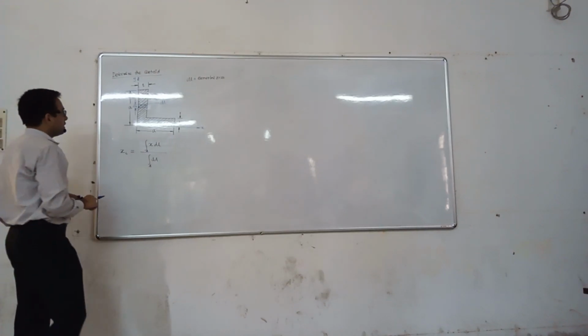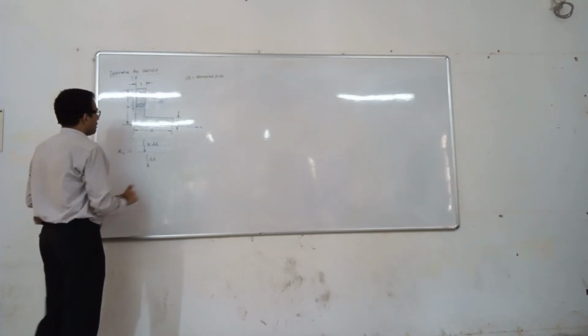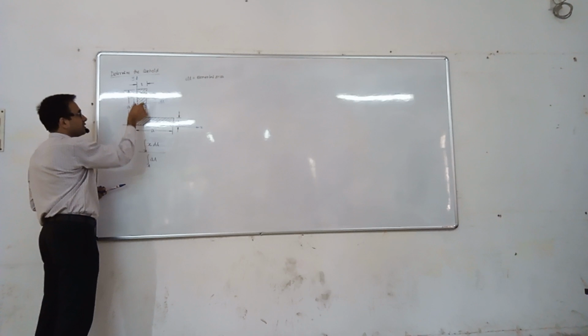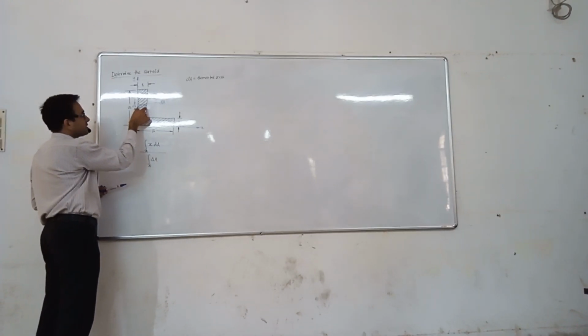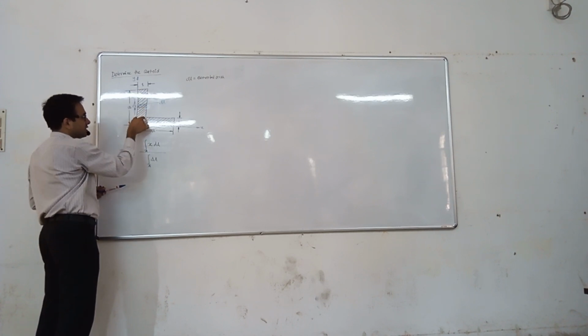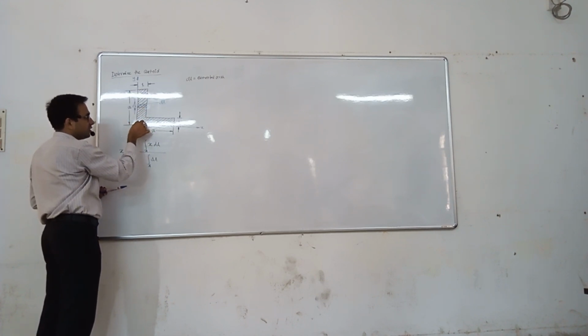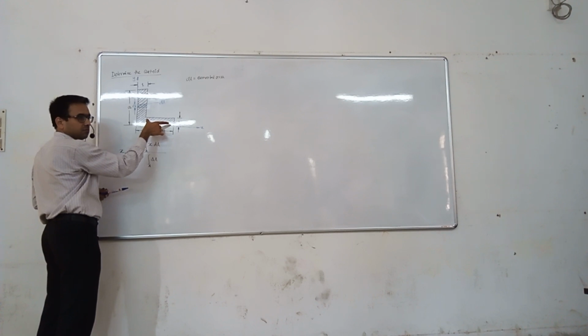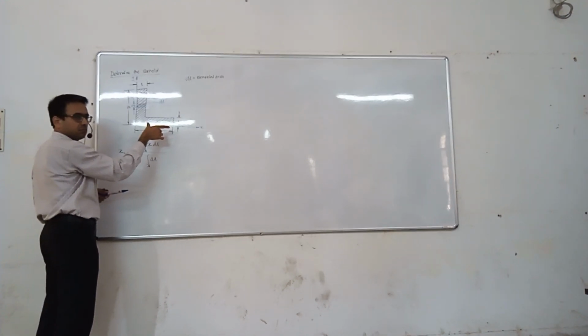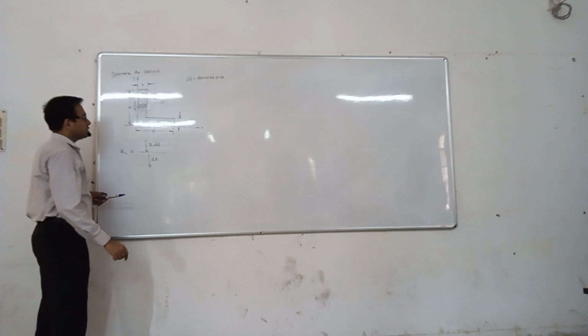Now, this x length is constant for this element, for this side. But when I come here, that will change. So what should I do?